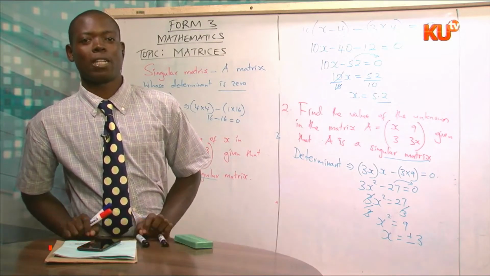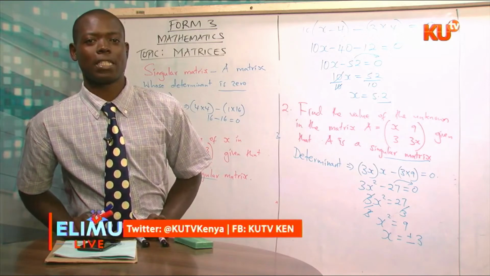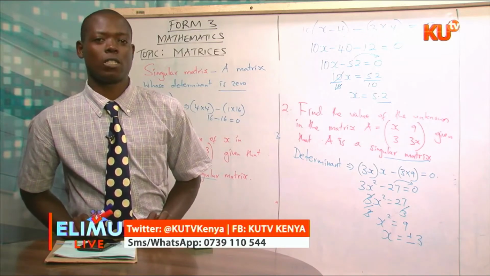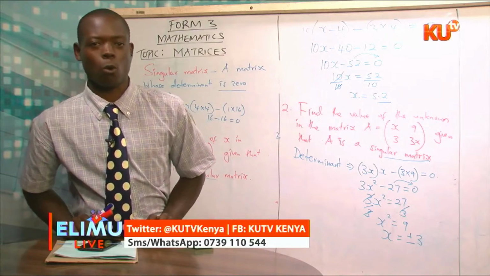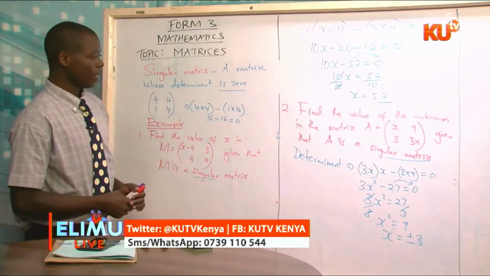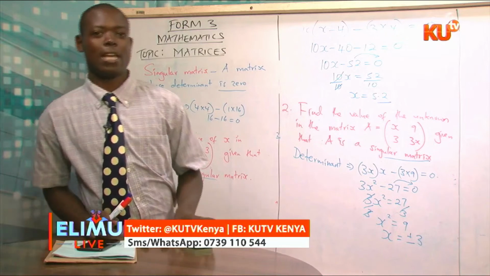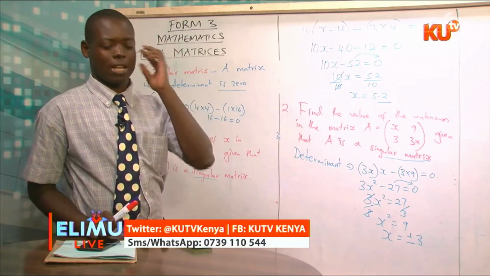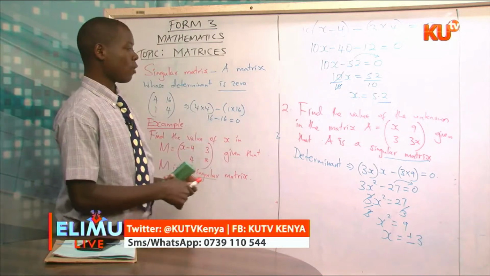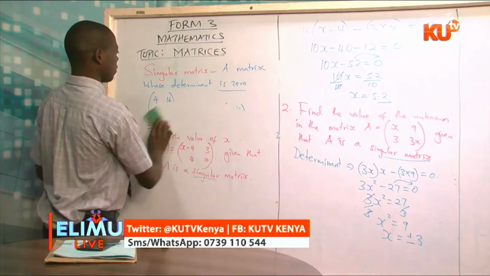And number 2, to understand the concept of singular matrices, that they are matrices whose determinant is 0. Good. That is our first area that we were to discuss, determinant of a 2 by 2 matrix.